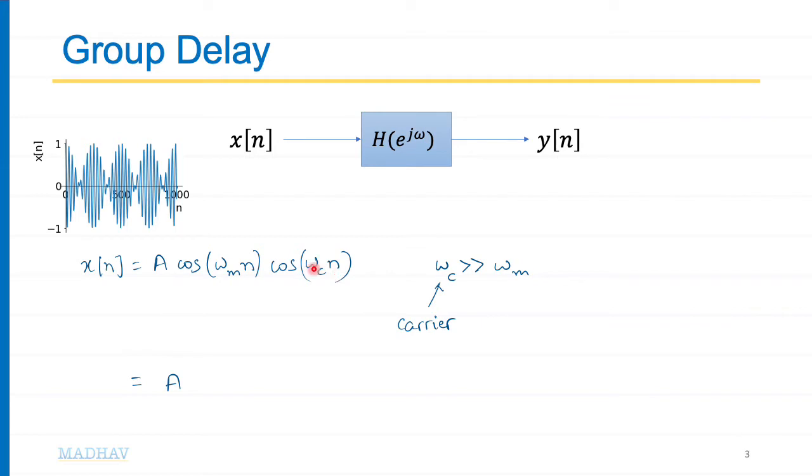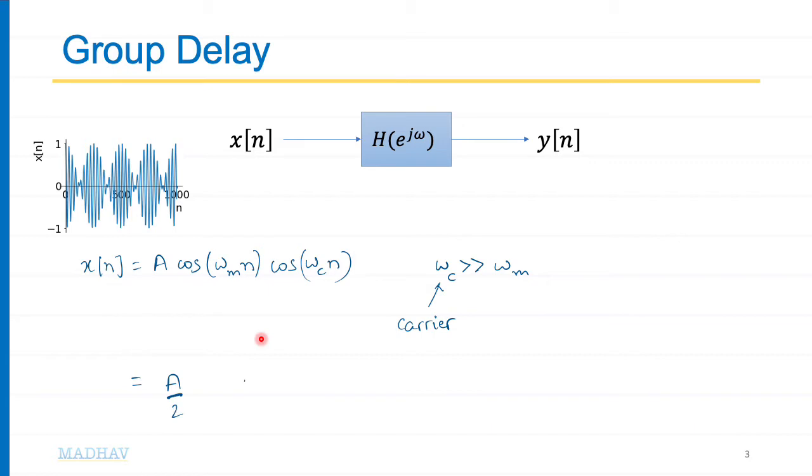I don't know how to compute the effect of an LTI system on a multiplication of cosines, but I know this is an LTI system, which means a linear system, so I know how it responds to individual sinusoids. But we have read trigonometry and we can convert a product of cosines into a sum of cosines.